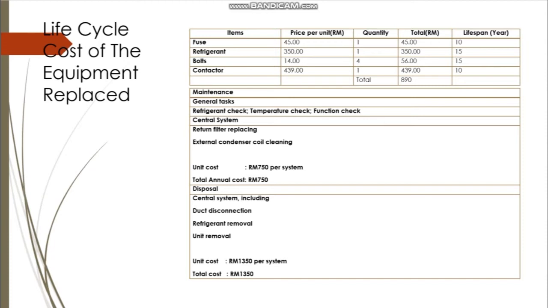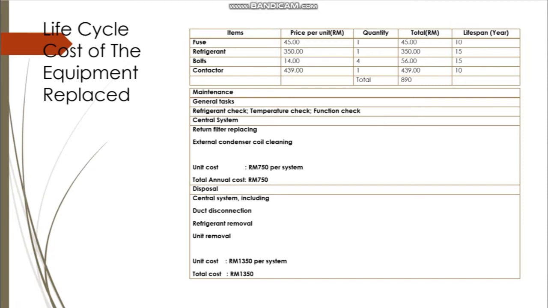So the life cycle cost of the equipment replaced times 2 is the cost needed to run the operation until a maximum lifespan.